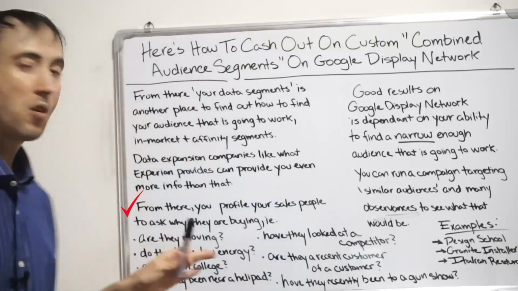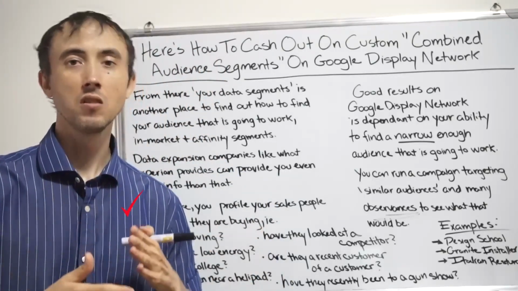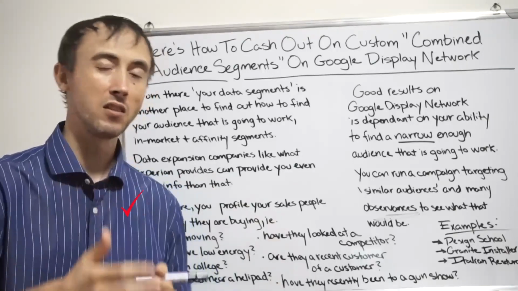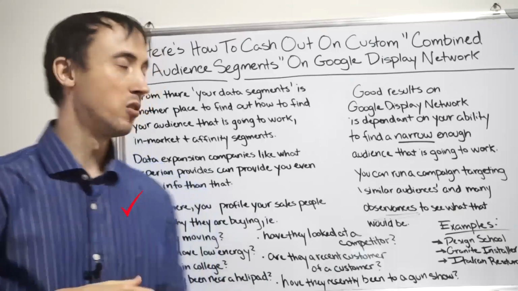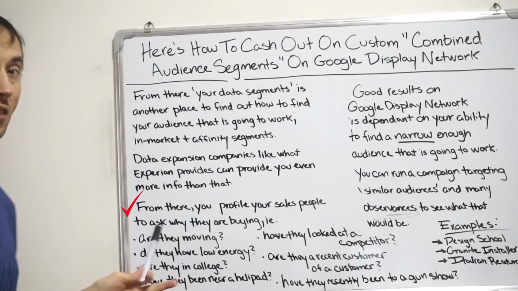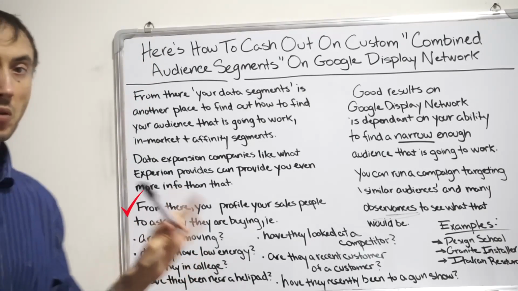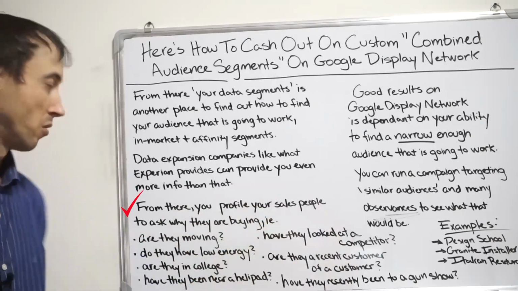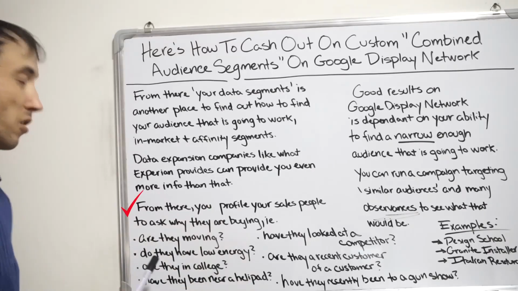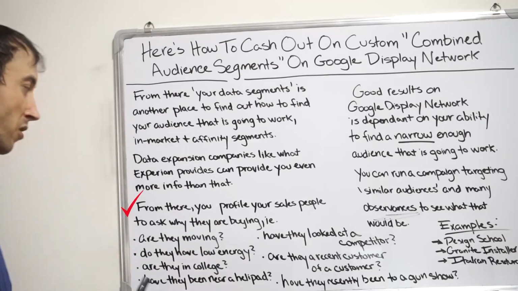But as you're researching your customers through your salespeople, your sales data, your email data, your reviews, you can find out things like, are the people that are buying, is it because they're moving soon? Like the example I gave before. Do they have low energy? Is that why they buy your product or service?